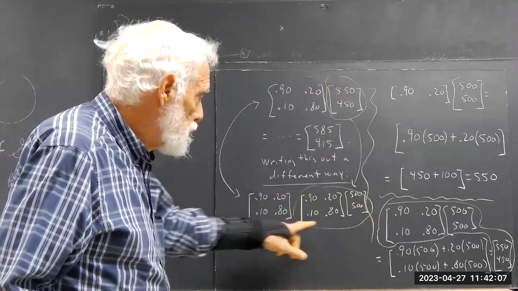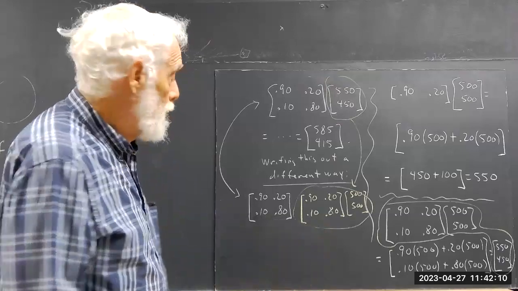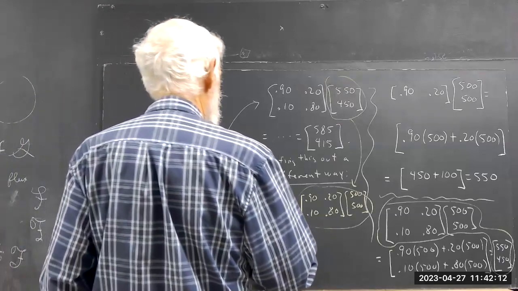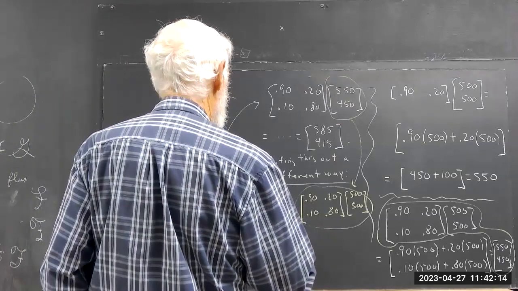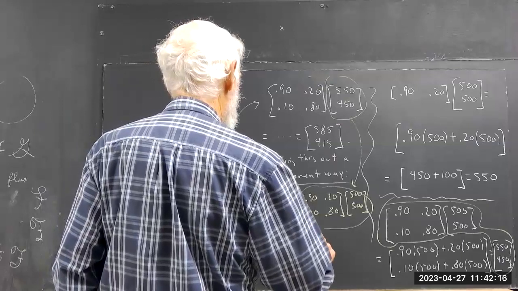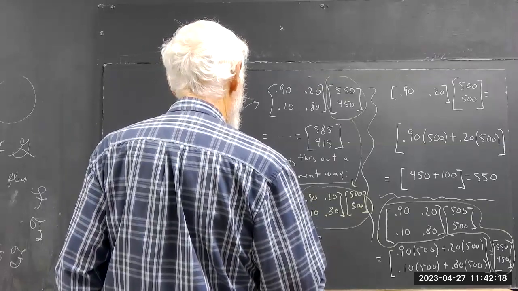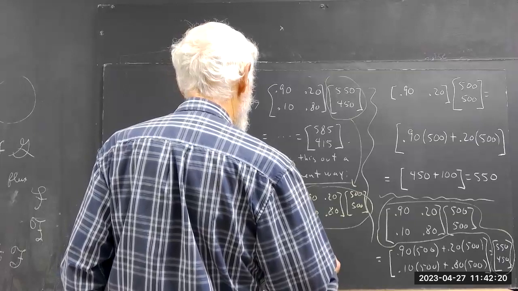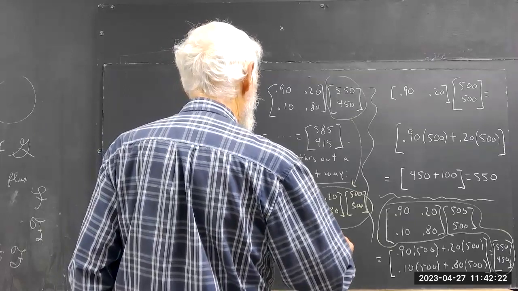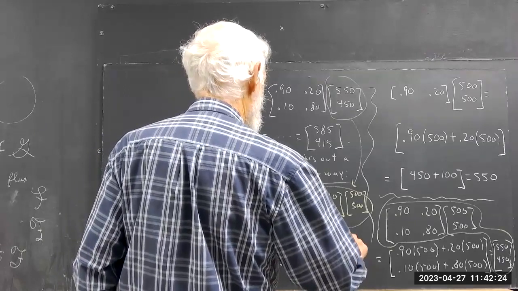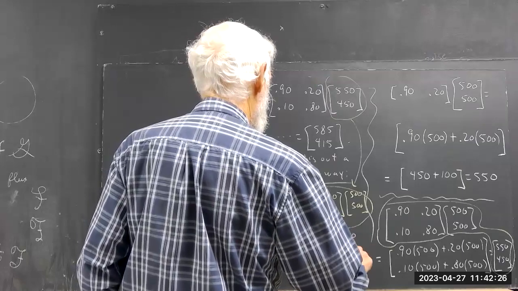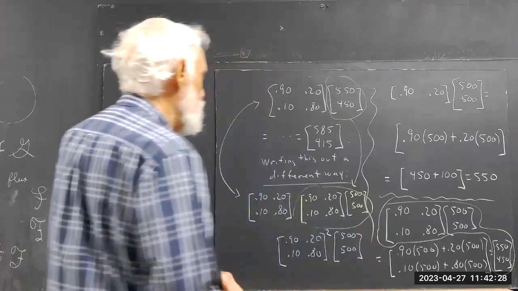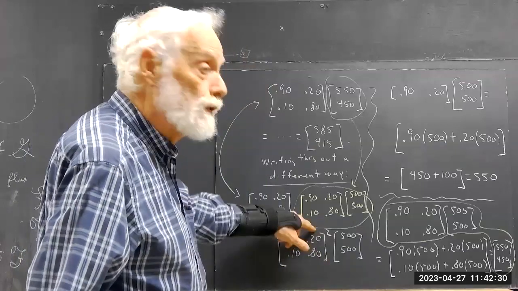Well, this matrix is the same as this. So we can write this out as this matrix times itself, which is the square of this matrix.